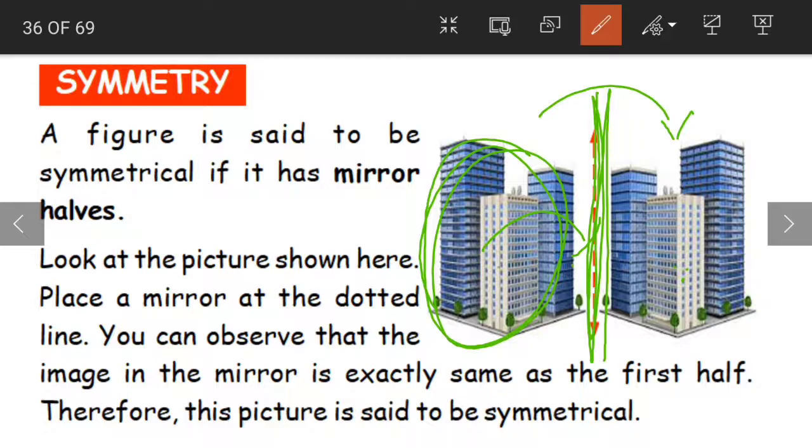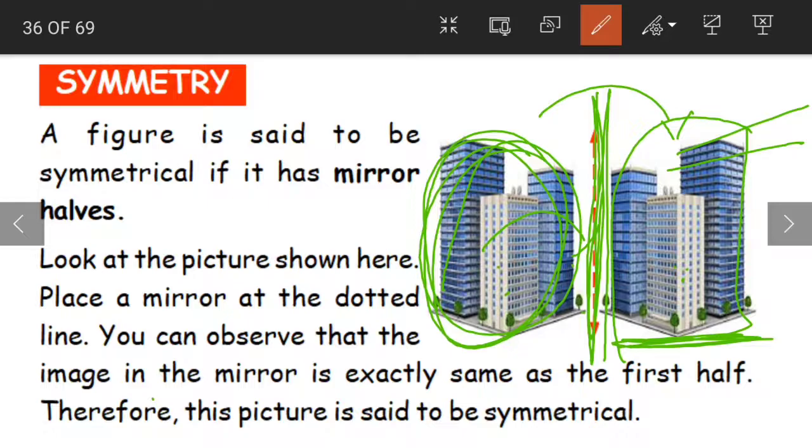What we can see in the mirror and the other half of the picture, both are the same. Understood?